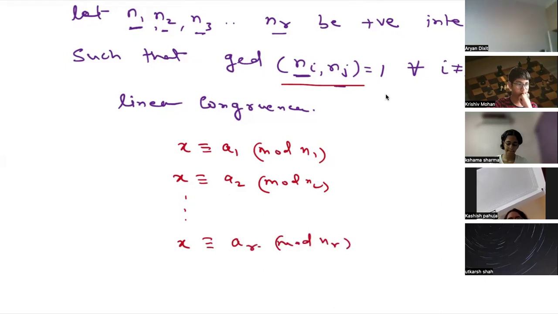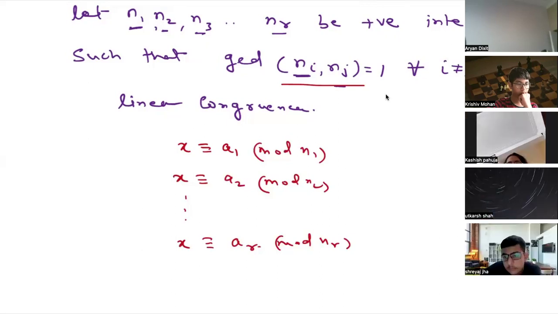So this is the number. If x is congruent to a1, x congruent to a2, up to x congruent to ar with mods n1, n2, n3 up to nr, this is the mathematical form.